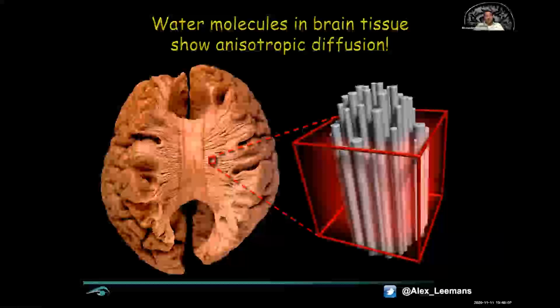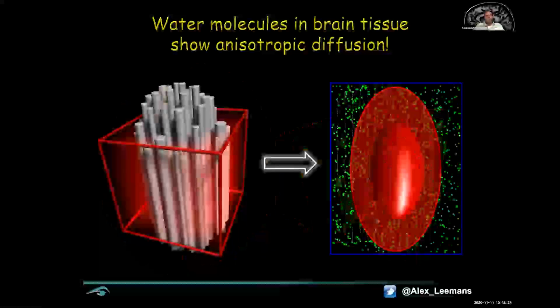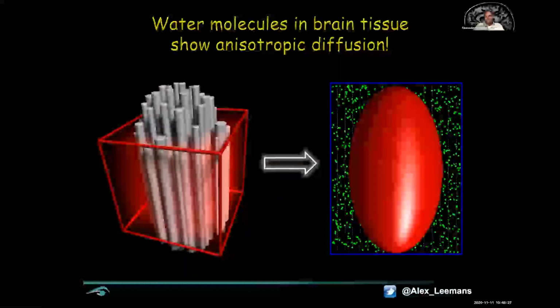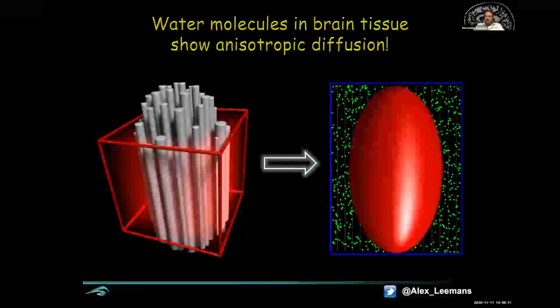These molecules bump into their surrounding tissue, not with other molecules per se, but with their surrounding tissue, which technically is also molecules, but they're fixed. They're not moving around. But these water molecules will move more along the pathways than perpendicular to them. So it's not hard to imagine that we also experience this diffusion profile being anisotropic in the white matter.